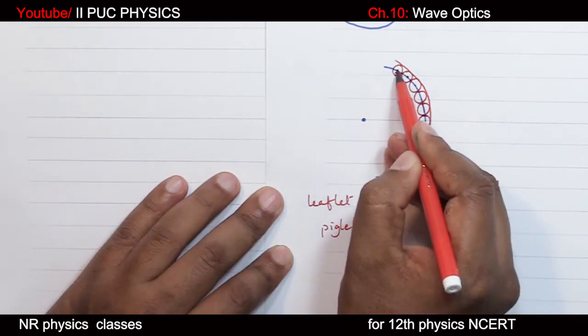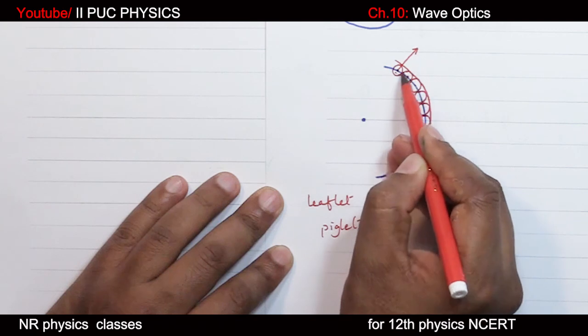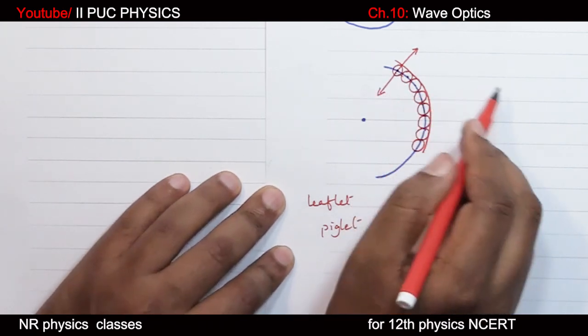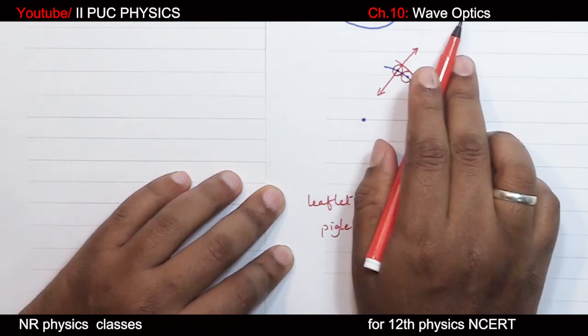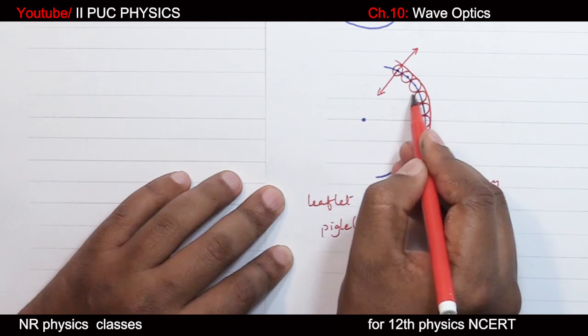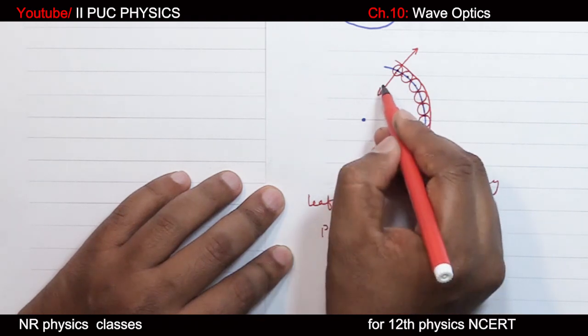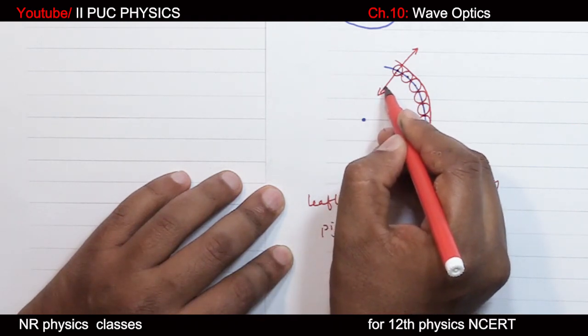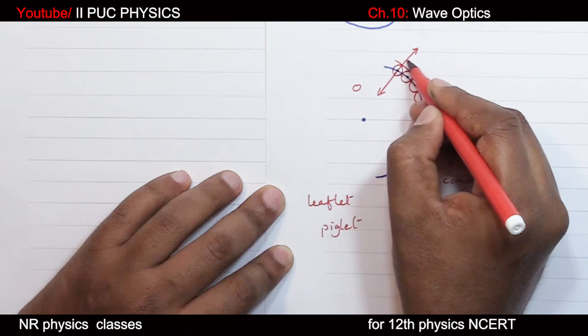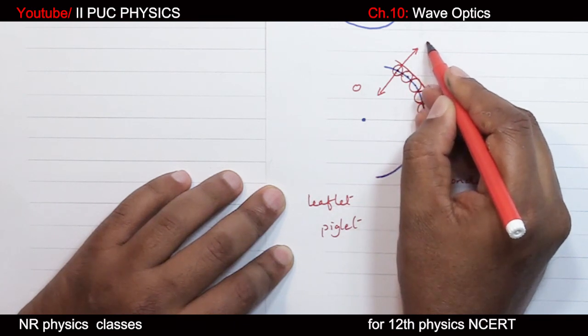See, these secondary wavelets travel in the outward direction. They also travel in the inward direction. So Huygens simply said, don't consider backward motion of the wavelets. He said the amplitude of these backward wavelets is almost zero, and there is maximum amplitude in the forward direction.